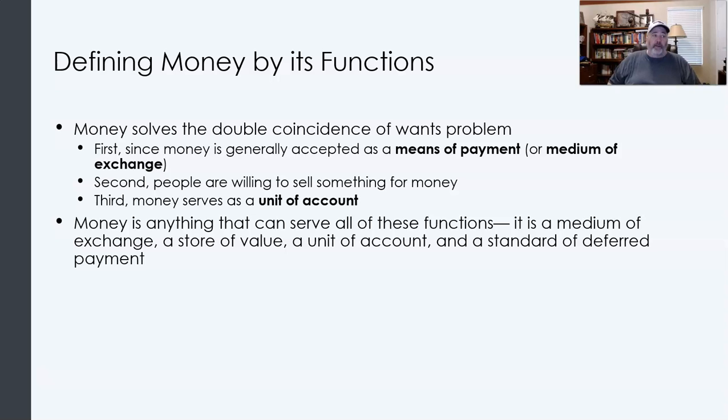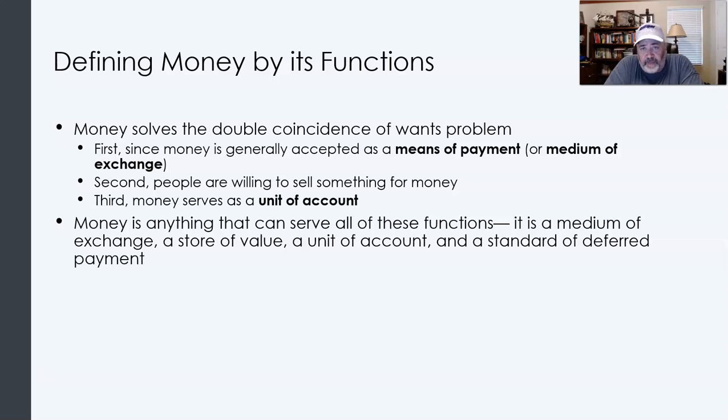The other one is a store of value. The second one should say money serves as a store of value. In other words, my house is worth $300,000 or whatever. My car is worth $25,000, $30,000 or whatever. It holds value, and certain assets appreciate, some assets depreciate.